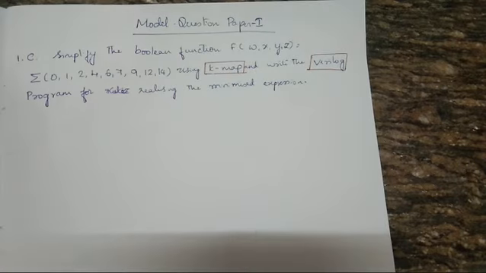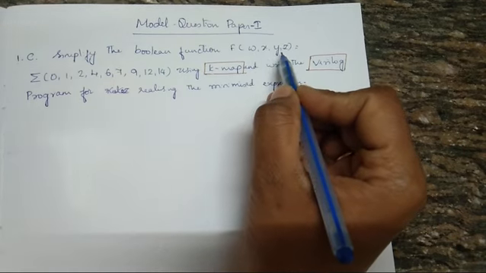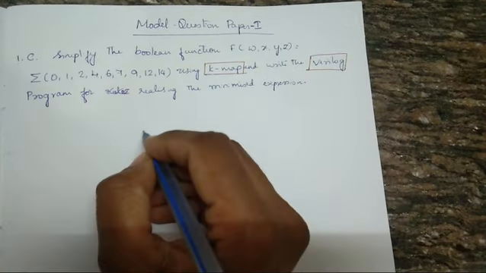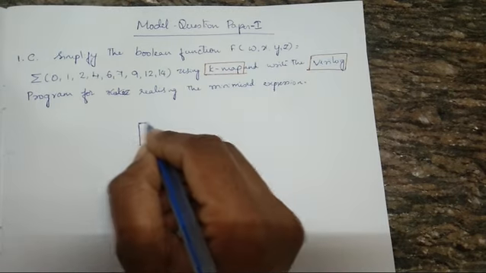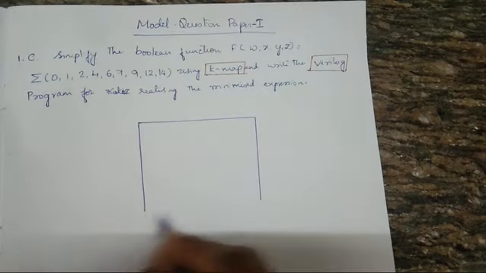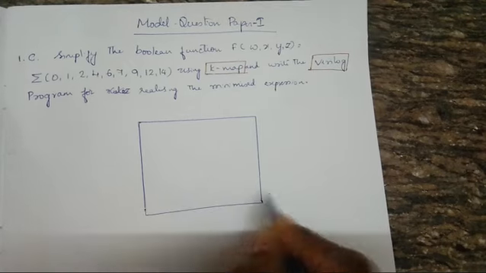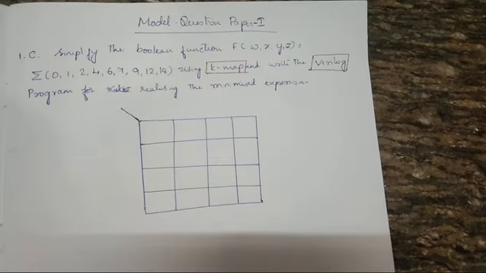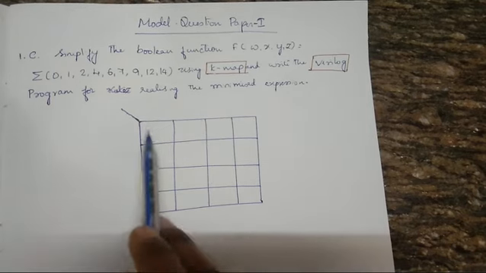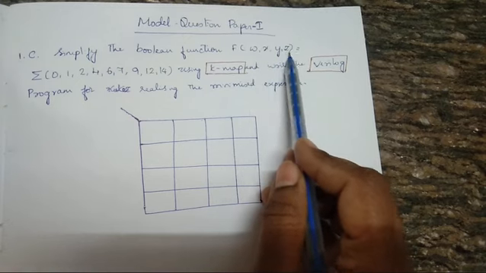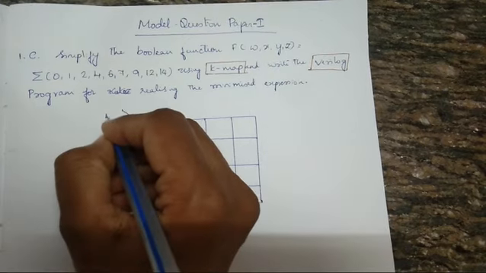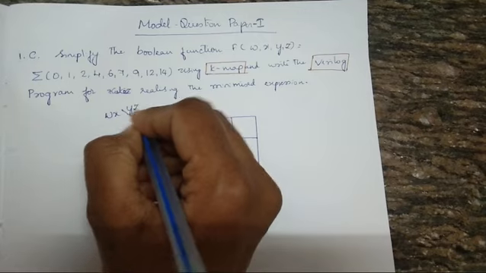Fine. For writing a K-map, since it is a 4 variable K-map, I'll write a skeleton of a 4 variable K-map. The 4 variable K-map skeleton is ready now. Here the variables are wx and yz, so I'll take the wx here and yz this side.